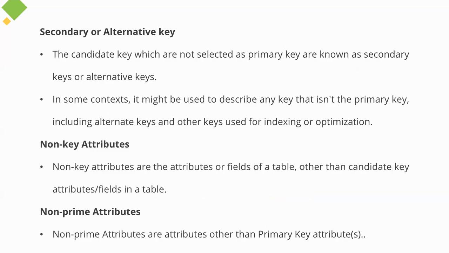One among the candidate keys will be selected as the primary key, right? So all the candidate keys which are not selected as the primary key are called secondary keys. Non-key attributes are the attributes other than candidate keys, and non-prime attributes are the attributes other than primary key attributes.